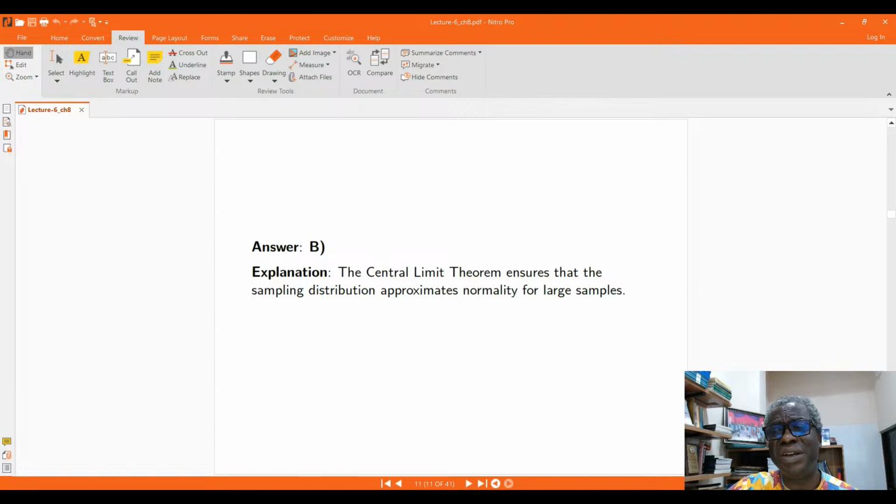So it's about the approximation of the sampling distribution to normality. So the correct answer in this case is B.